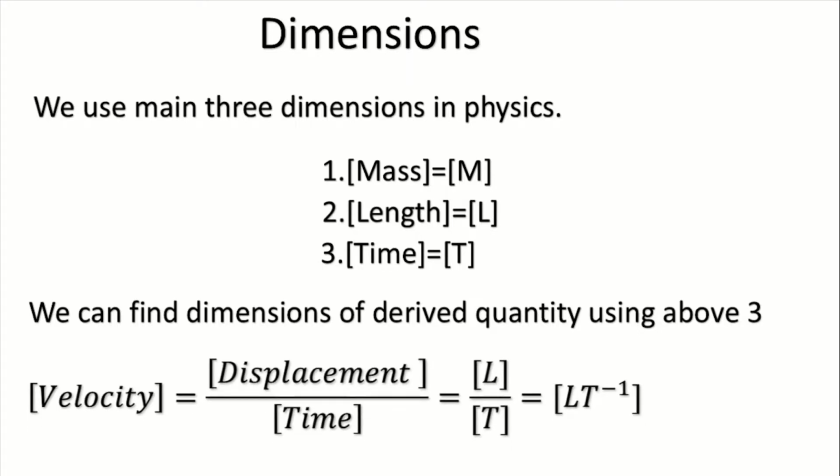We know that we can find velocity by displacement divided by time. First I take the dimension of displacement. It is L, and the dimension of time is T. Then I can obtain the dimension of velocity as LT^-1.